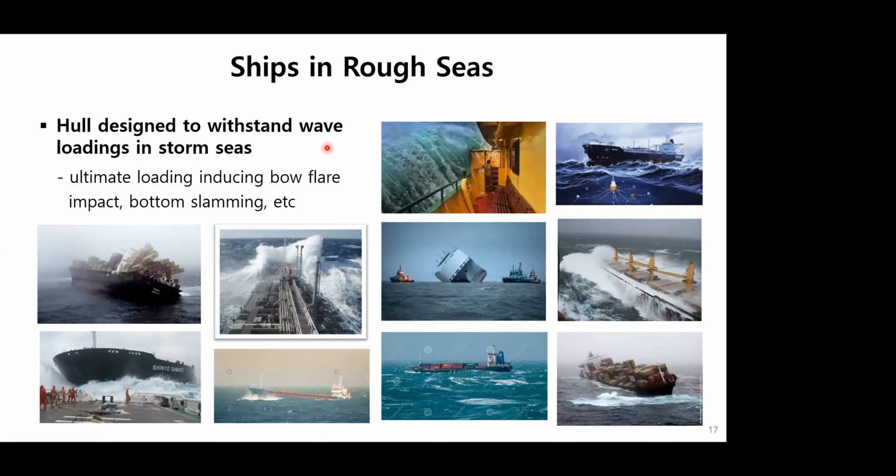Basically, ship hulls are supposed to be designed to withstand the wave loadings in such storm seas. Sometimes we can expect ultimate loadings due to bow flare impact or bottom slamming or quite big wave height.